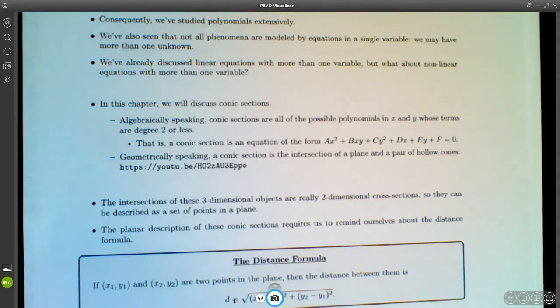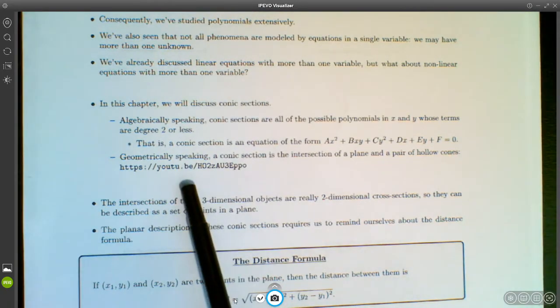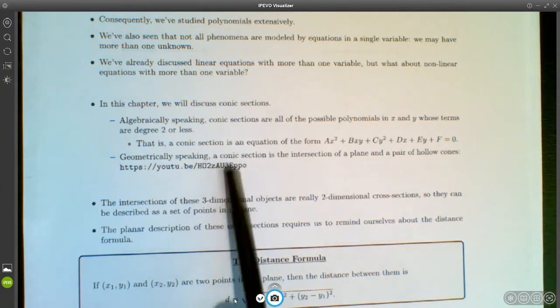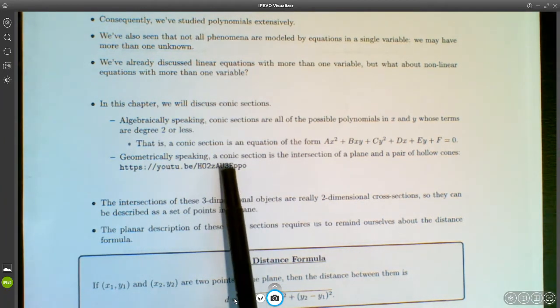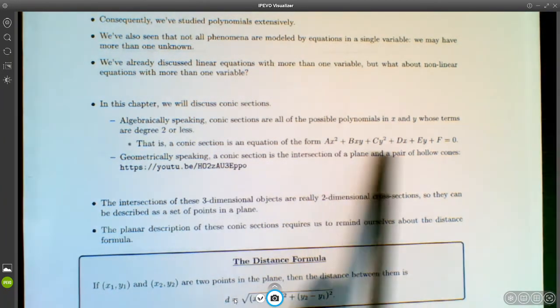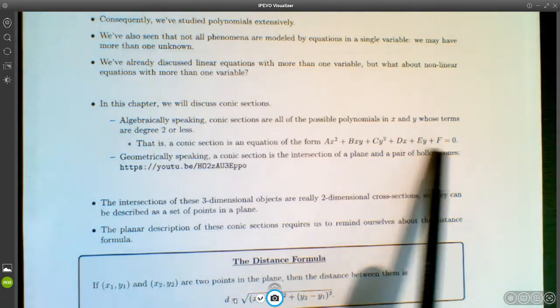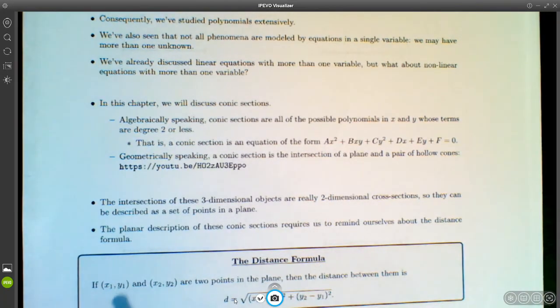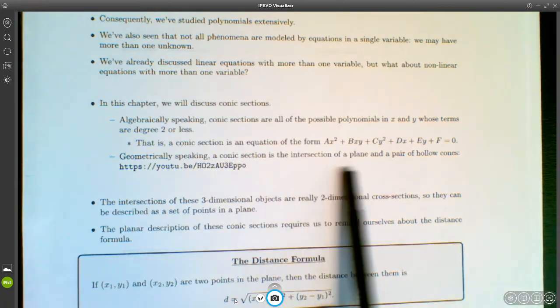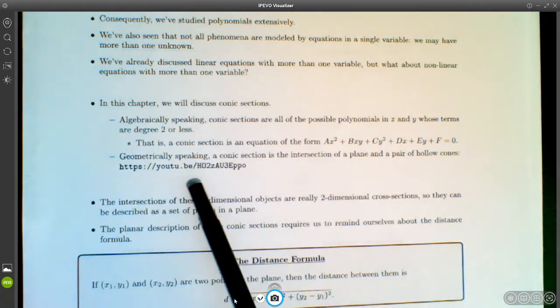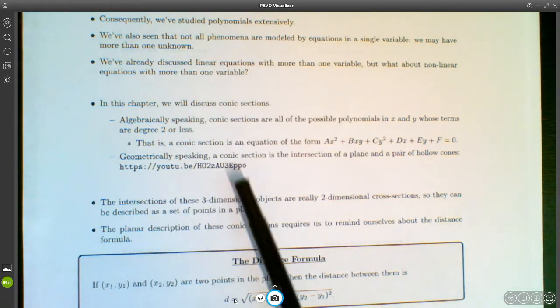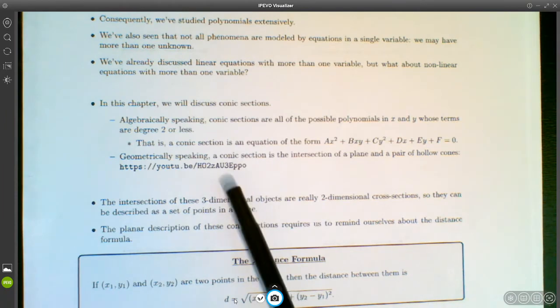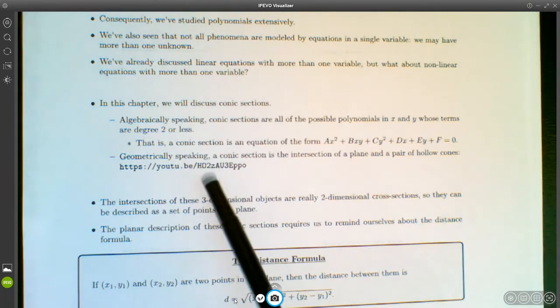Geometrically speaking, conic sections get their name because the curves that you get when you look at these types of equations are intersections of a plane and a pair of hollow cones. And here's a link to a video. I'll also provide the link when I post this introduction so that you can watch that video.